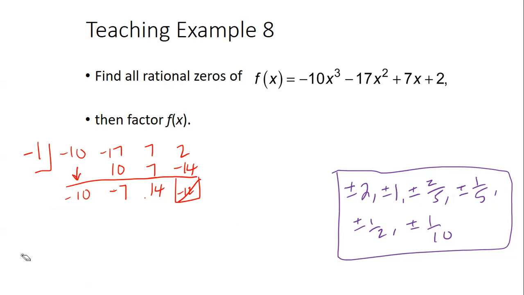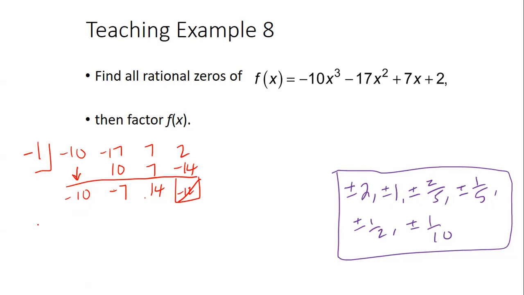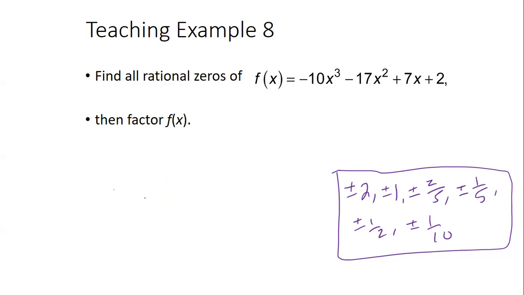Okay, so the negative 1 didn't work. I want you to pick one of these numbers and see which one works. It's best if everyone doesn't do the same number.